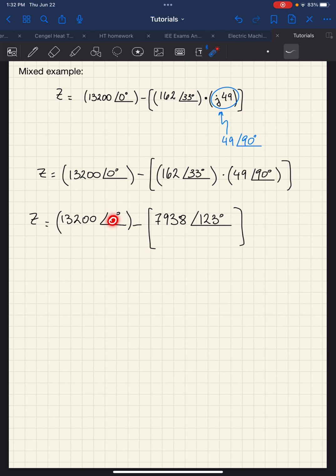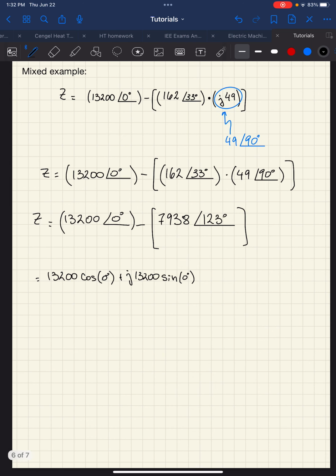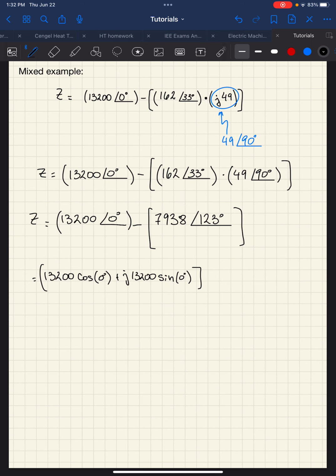So if the angle is 0, you just write the magnitude. Let's say you don't believe me and you want to actually convert it, and that's fine. Check it out. You would have the real part as cosine 0, and the imaginary part with sine 0, and you'll see that the part with the sine goes away, so you just have the real part.